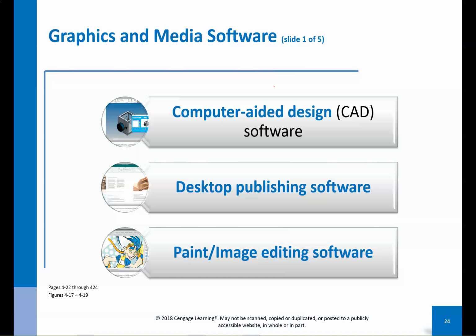Alright. Now, originally, people used graphics and media software to draw very technical designs or technical drawings, and that's why you see here on this slide we have computer-aided design software, in short CAD software. Computer-aided design is a kind of drawing software helping you to draw very detailed things when you are designing something.